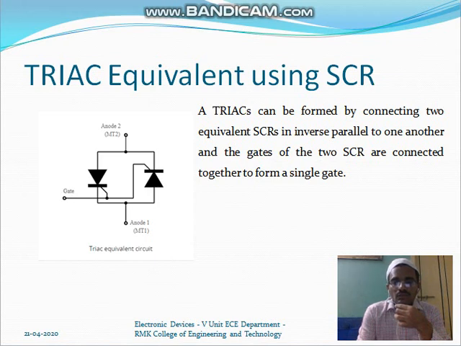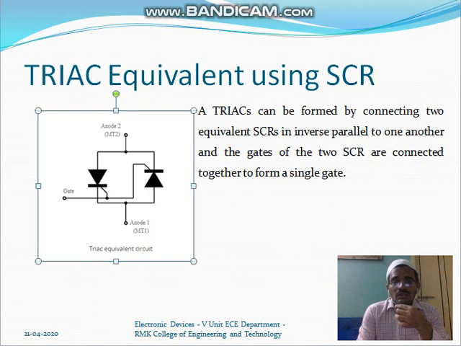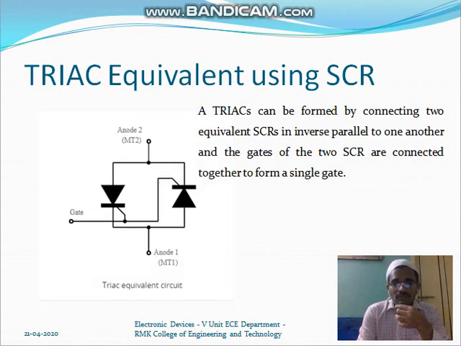So we get MT1, MT2 and the gate. So this is the equivalent circuit of the TRIAC by using SCR. Now this is better, I believe, right?